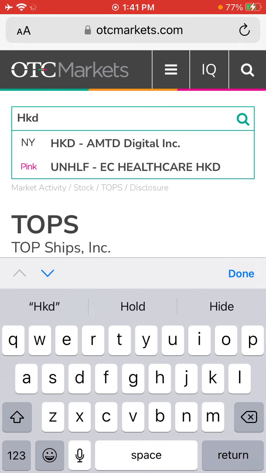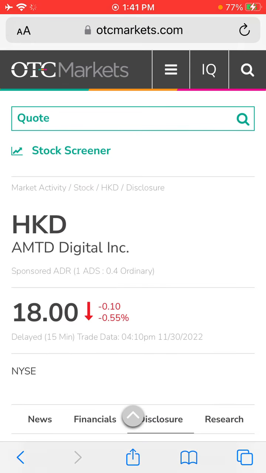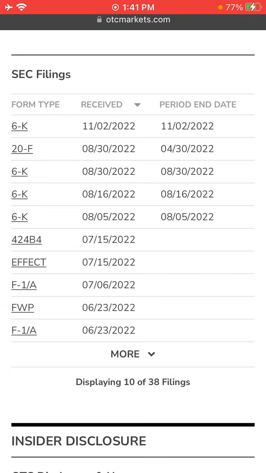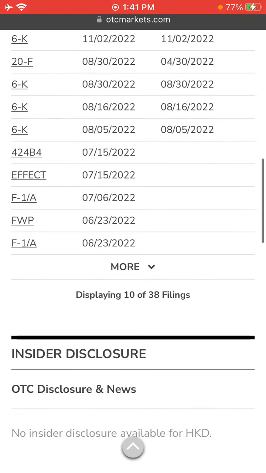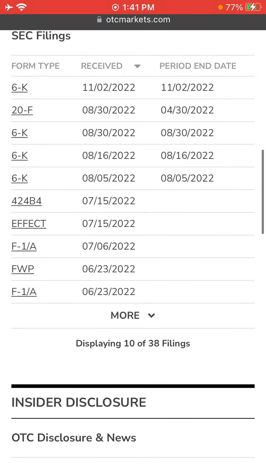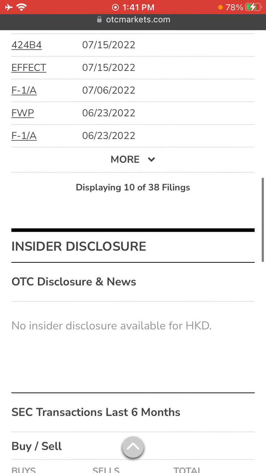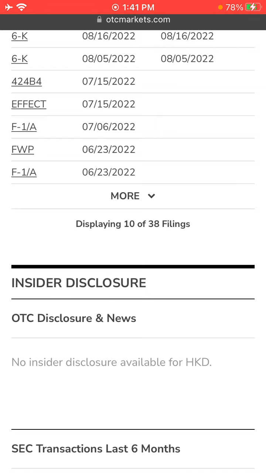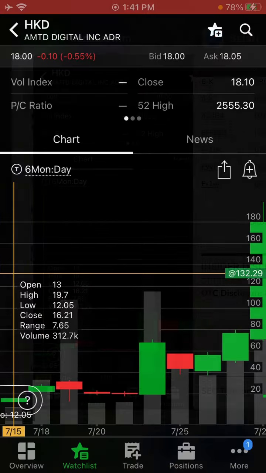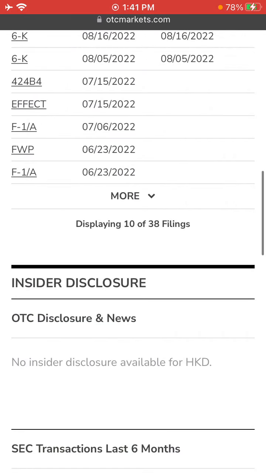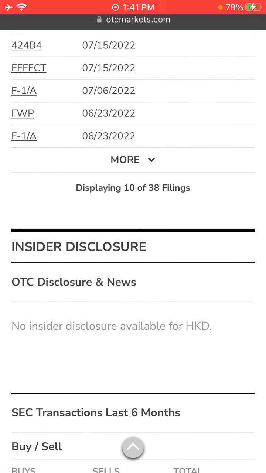So if I go on HKD, I'll go here. At first we didn't, and this is also a foreign company, so remember now the 20F is equivalent to the 10K file, but if we wanted to know what the float was before that, on 7/27, the only data we would be able to look at is here.